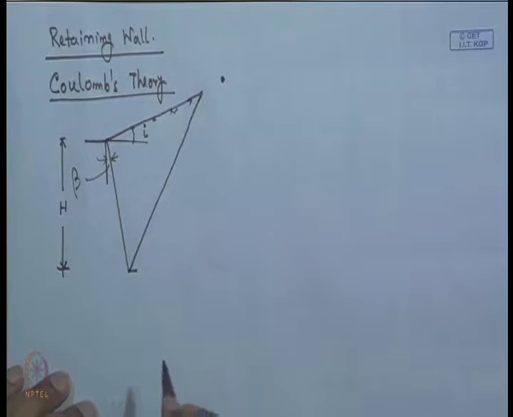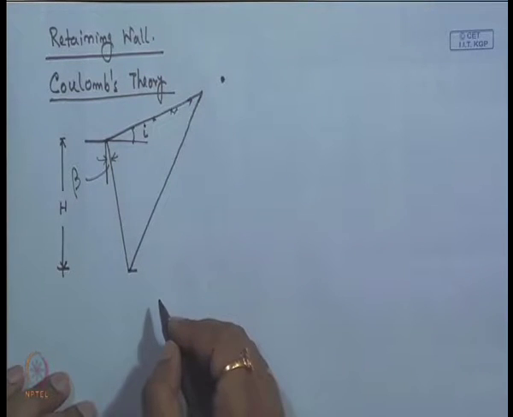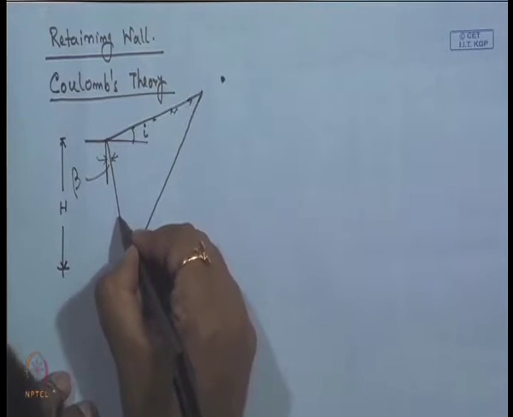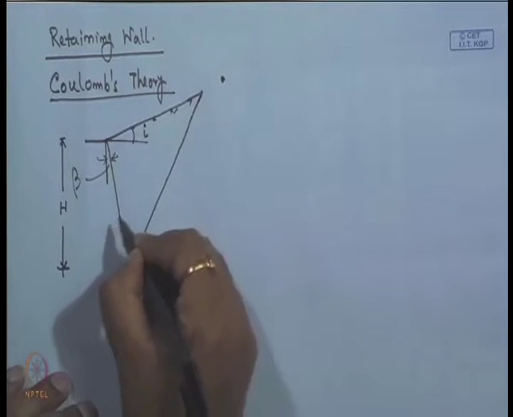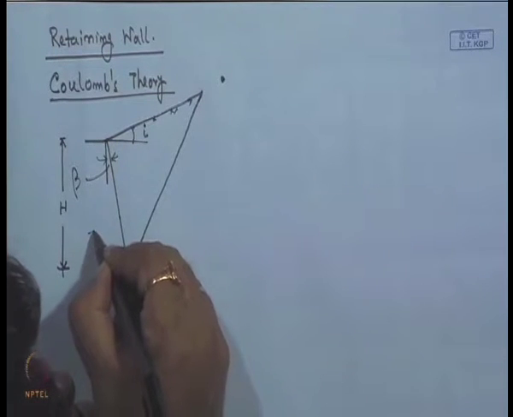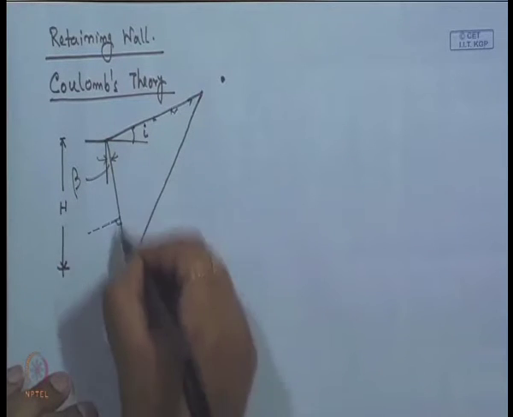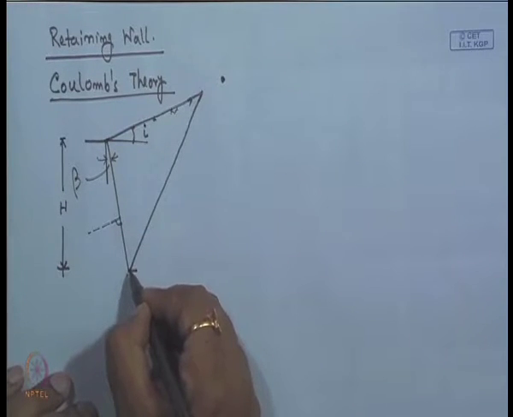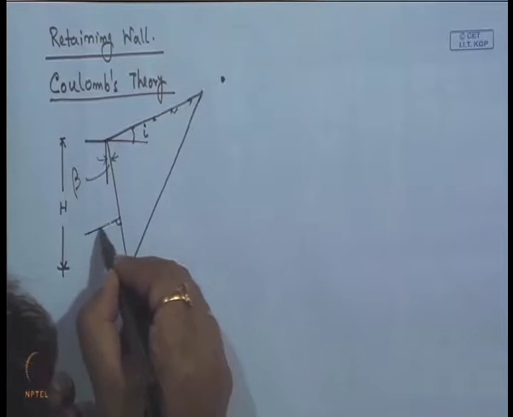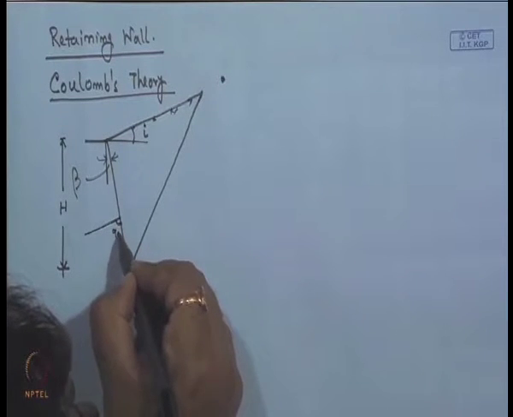Now, that force P, the active force, suppose this is the active force, and suppose this is the angle. This line is the normal to the back of the wall, so this angle is 90 degrees.